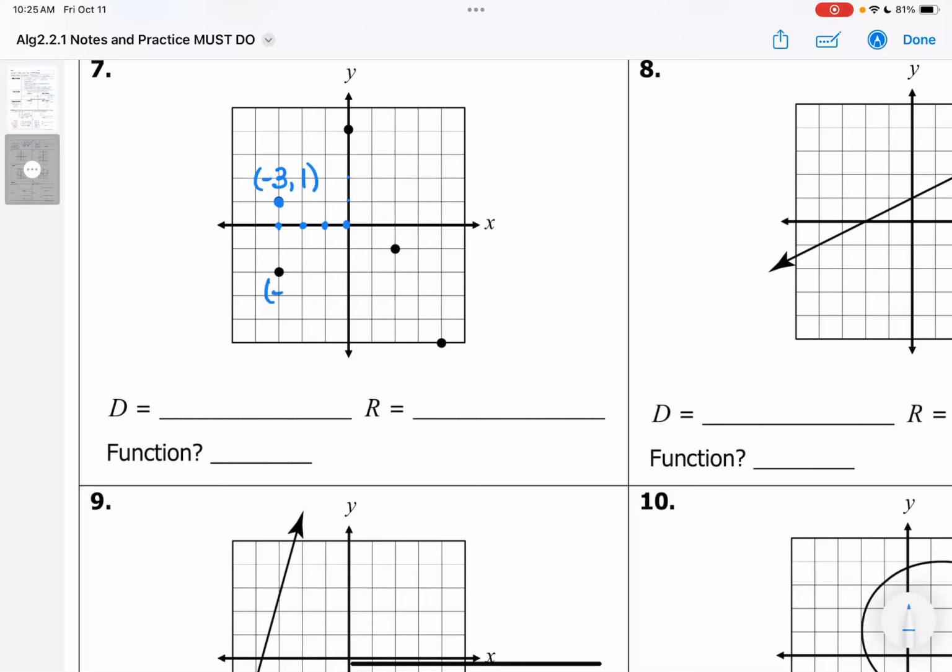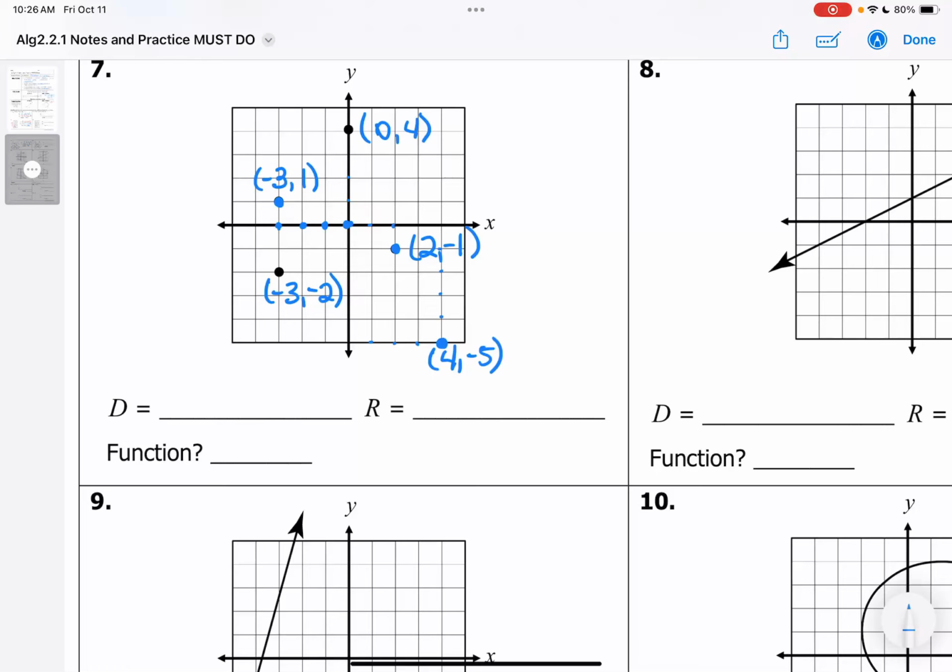Then, of course, up to this one, x is 0, y is 4. Then we've got x is 2, y is -1. And down below, I have 1, 2, 3, 4 for x. And y, 1, 2, 3, 4, 5.